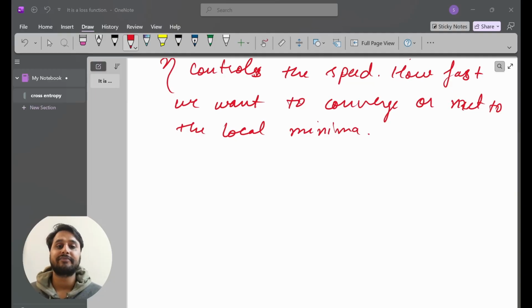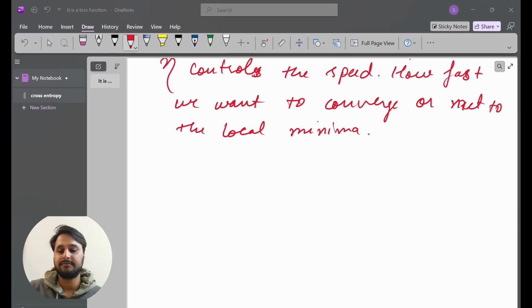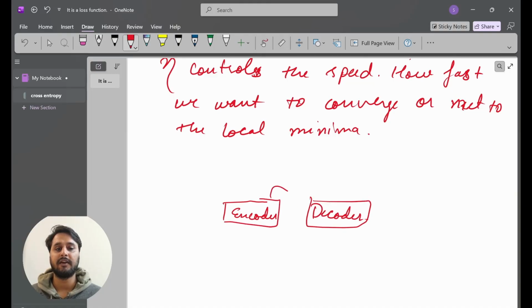One last thing about the Transformer series that I wanted to tell you. We have understood the encoder block and decoder block, and we connect them through cross attention.